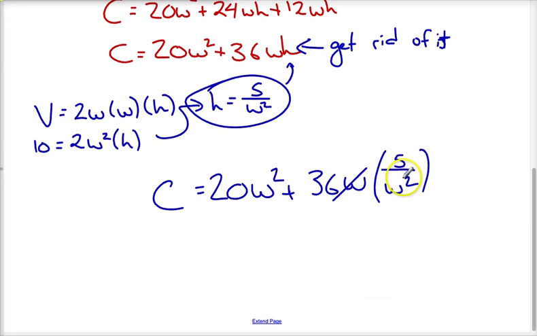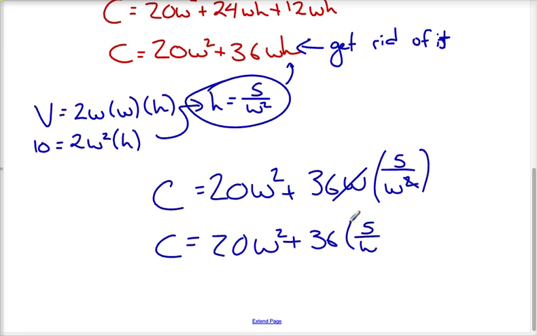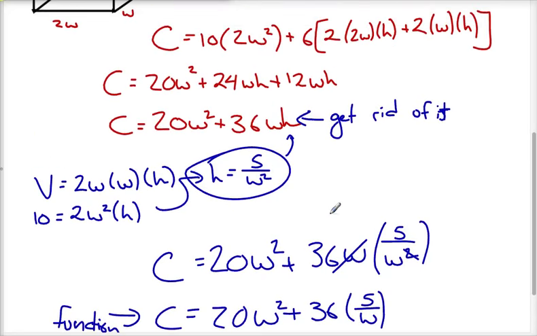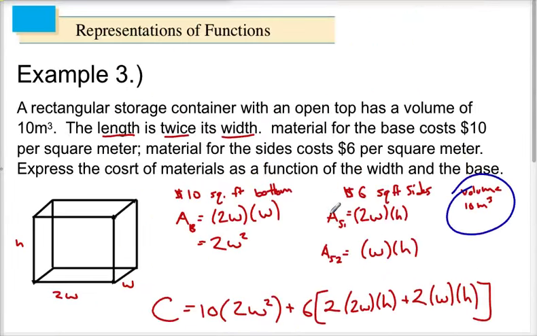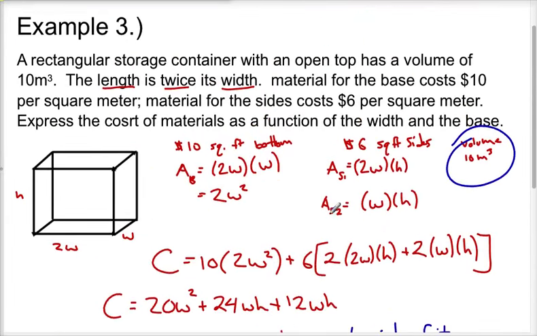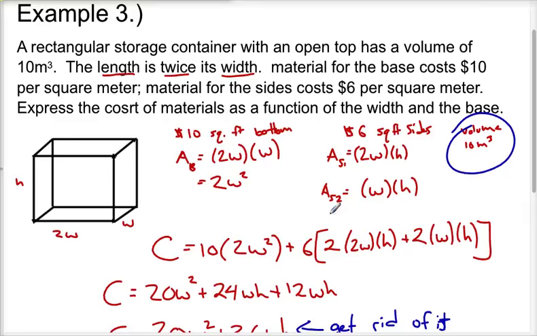This will cancel and that will cancel, and you'll get cost is equal to 20w squared plus 36 times 5 over w. And this is my function. Again, a very complex process to get to a very simple function, but it definitely tells us a lot more than just the words that are describing it.